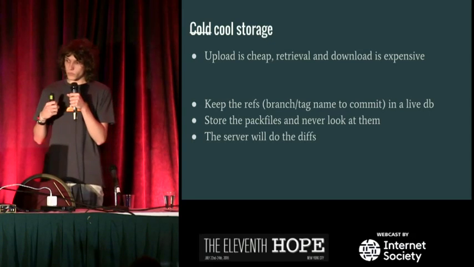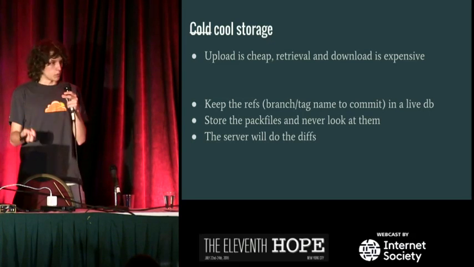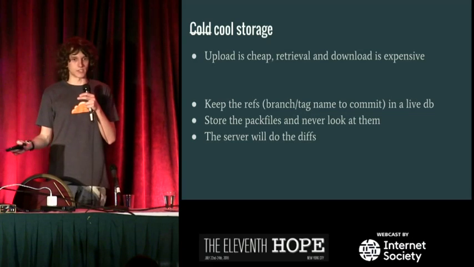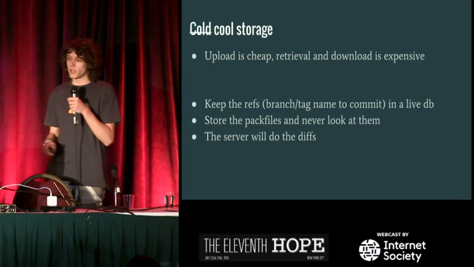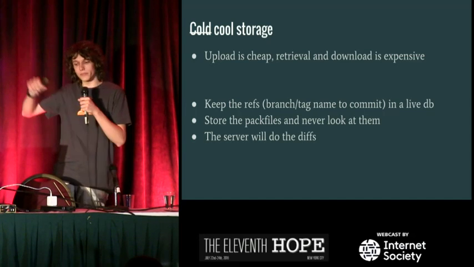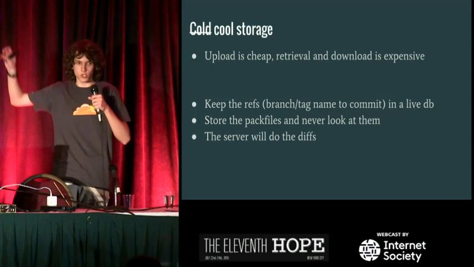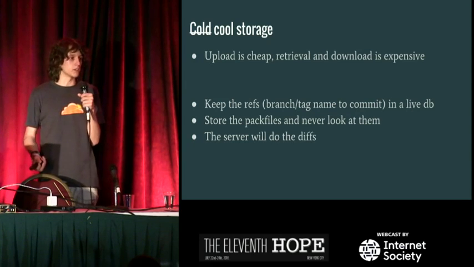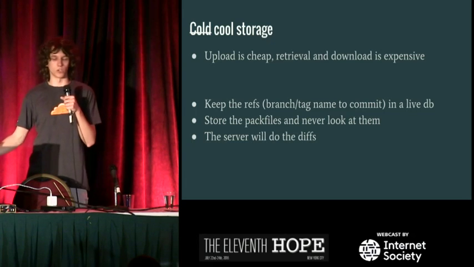So what we are doing is we are keeping the refs in a normal database, because that's easy and that's small. And then we take the pack files that we receive from GitHub, and we drop them directly in cold storage, just as they are. We don't parse them, we just take GitHub's word for it and place them in storage.